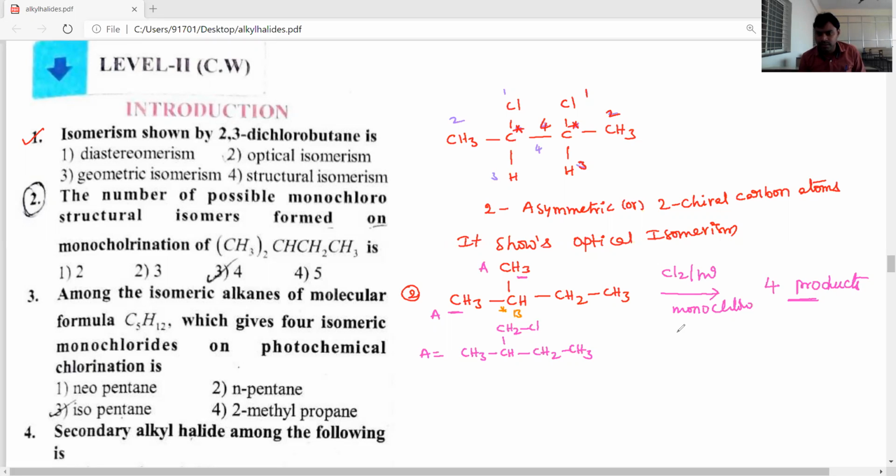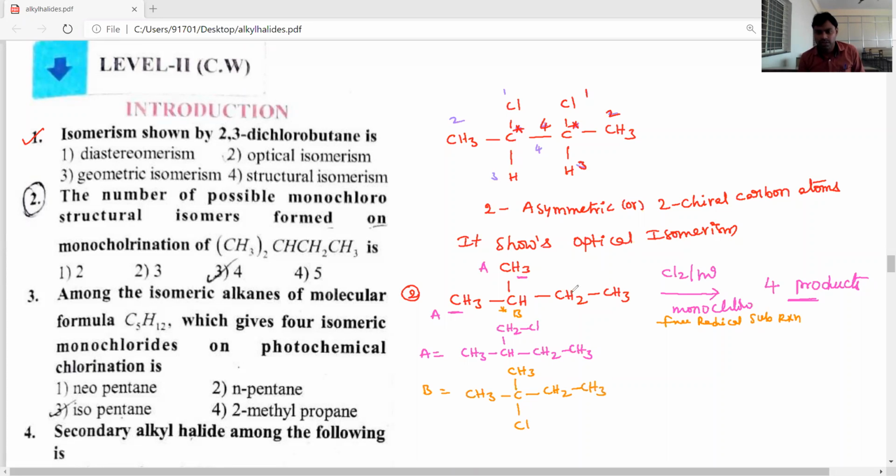Now B is CH3, bond, here chlorine will attach, CH3, the remaining as it is, CH2 bond CH3.